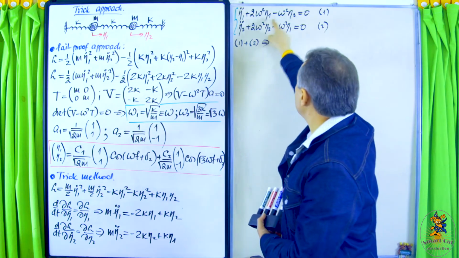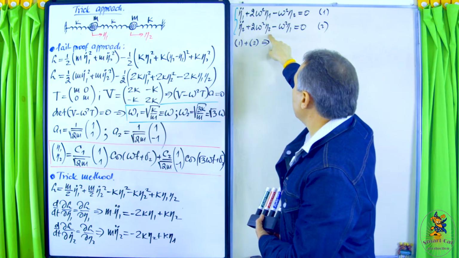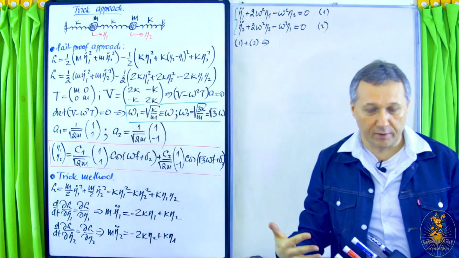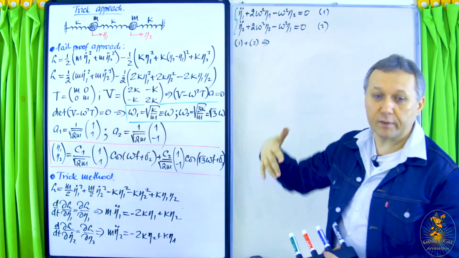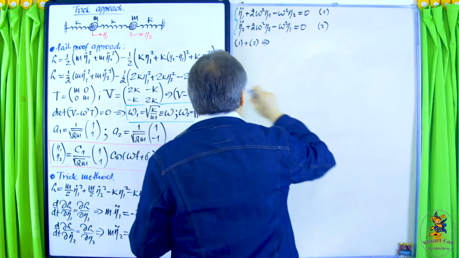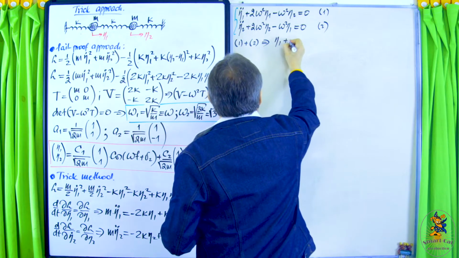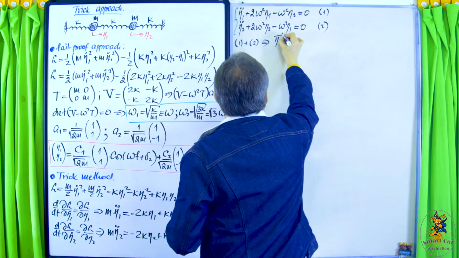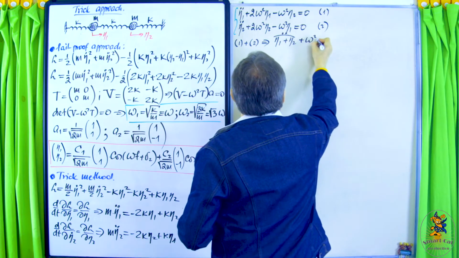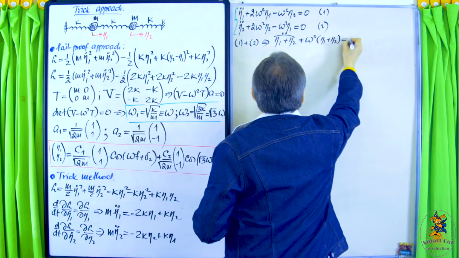And this also positive and negative, if we add them, we will get just omega squared eta 2 with plus. So omega squared can be factored out, and we get omega squared times eta 1 plus eta 2. It looks like we're getting what we would like to have: eta 1 plus eta 2 double dot, plus omega squared times eta 1 plus eta 2, equals 0.